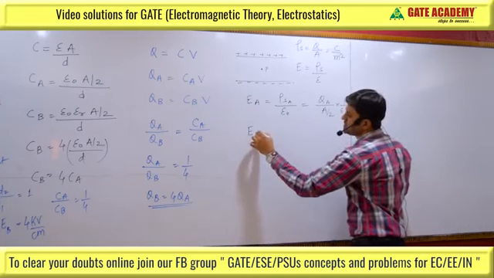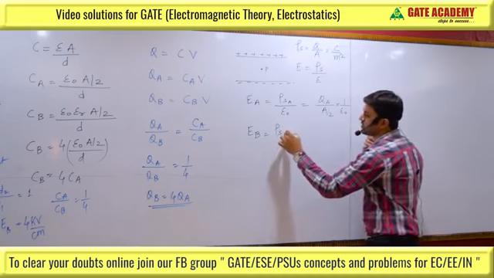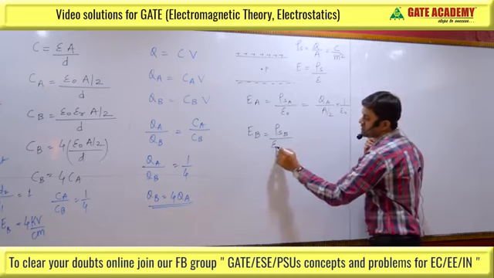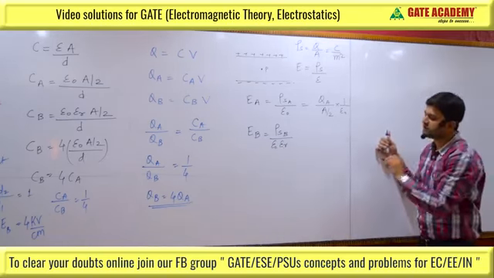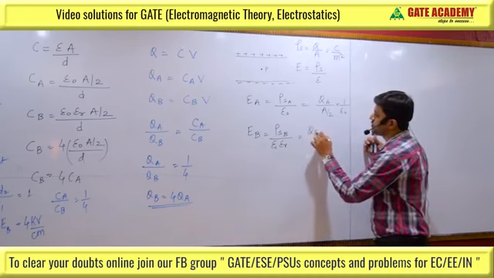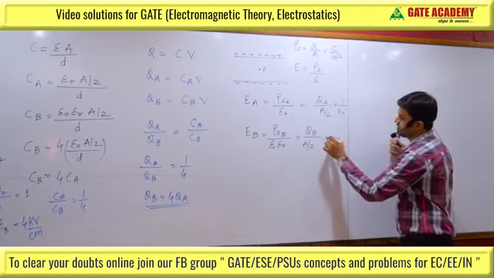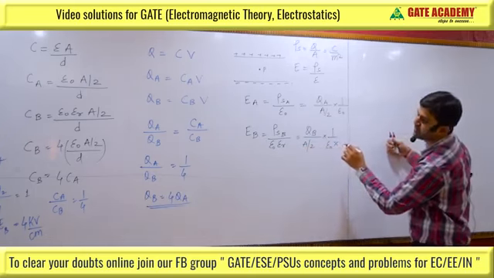Similarly we can calculate the electric field strength for region B also. So this is rho SB divided by epsilon. So epsilon equal to epsilon naught into epsilon R, the dielectric constant of region B. So that is equal to QB, and its area is also half, and 1 upon epsilon naught, and epsilon R is 4.